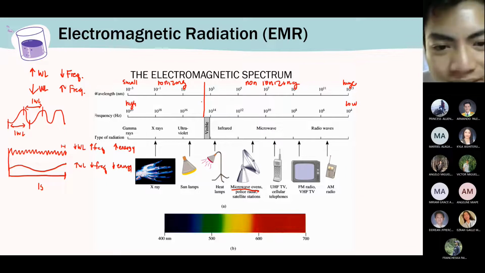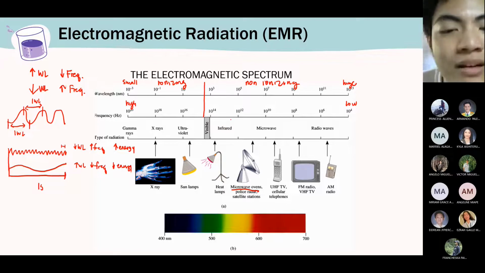And then, down here, we have infrared. The wavelength here is much smaller than in the microwave. Infrared is used in heating devices. I think some heaters in other countries use infrared rays. Sometimes it's also used in telecommunication.